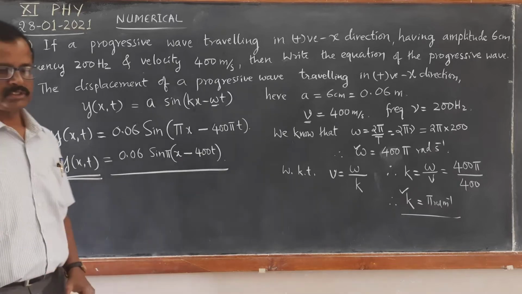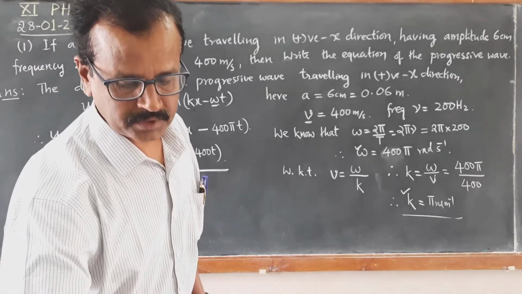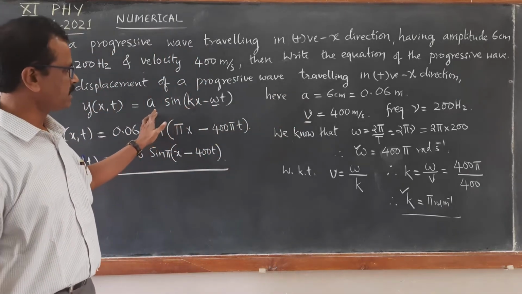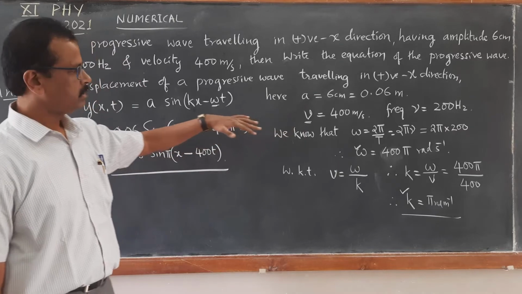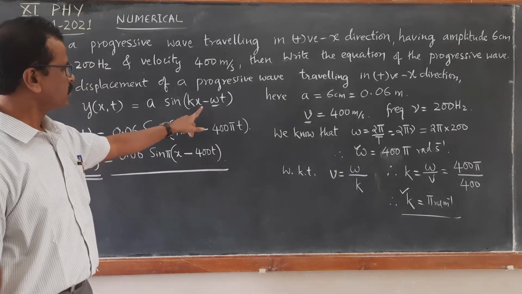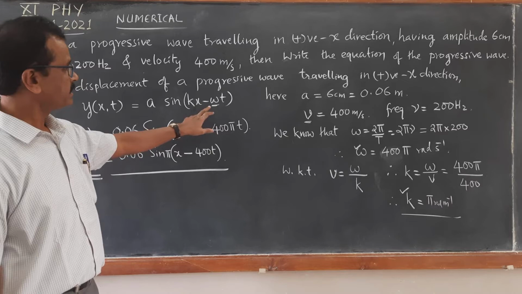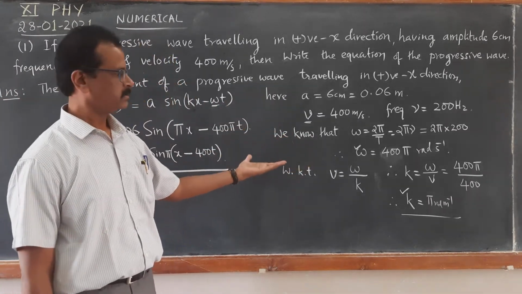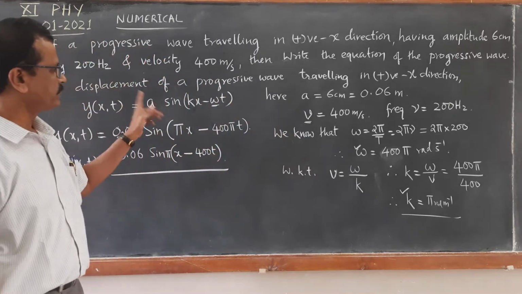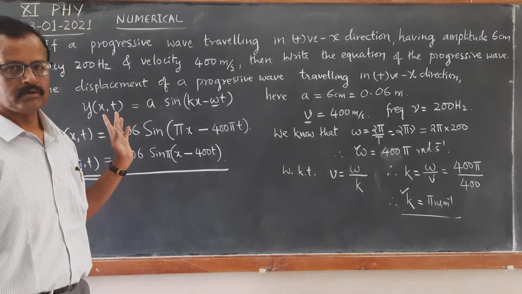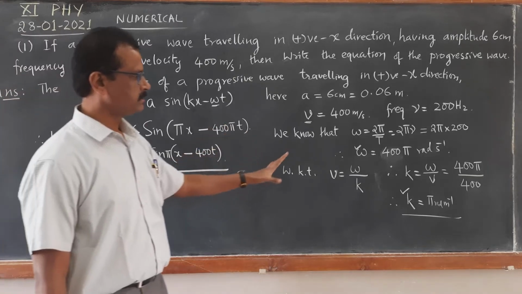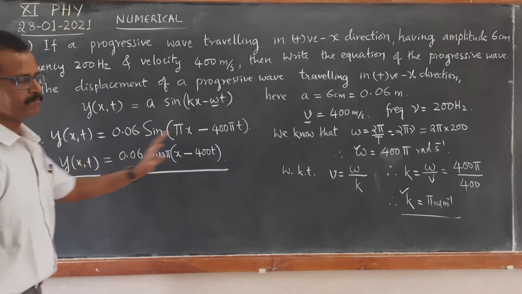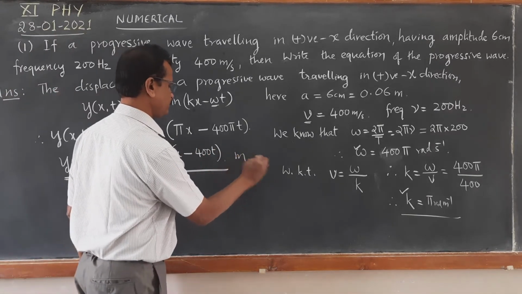So when such questions are asked, first we have to write down the standard equation, whether it is traveling along positive x direction or negative x direction. If it is along negative x direction, it will become kx plus omega t. Then we have to list the data, whatever is given. From the data, we have to find out the unknown quantities. We must write them in SI units. That is important. Therefore, the displacement is in meter.